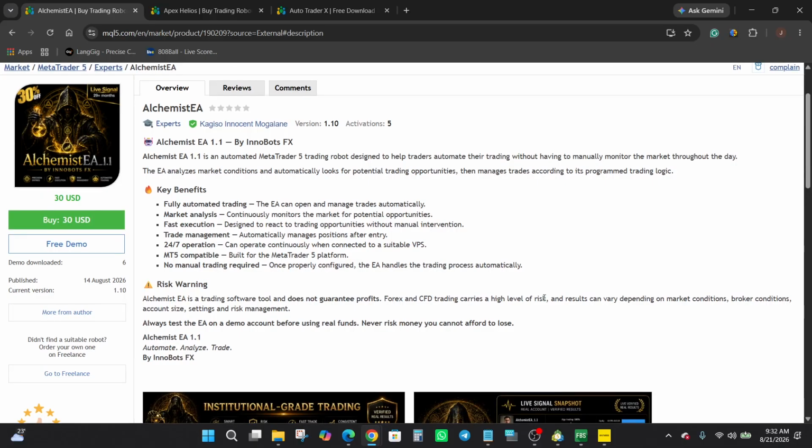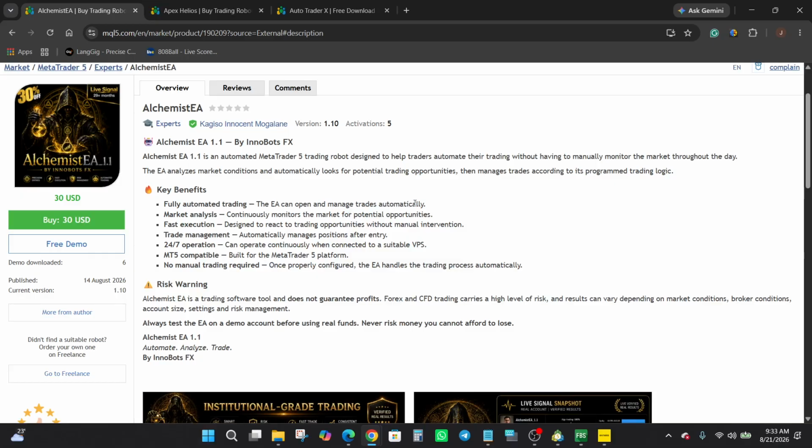Now, I want to be upfront here. The listing does not really go into detail about what that trading logic actually is. There is no mention of specific indicators, candlestick patterns, entry conditions or exit rules, so I'm not going to guess or fill in those blanks. What we know is that it is automated, and that is really the extent of what is confirmed.